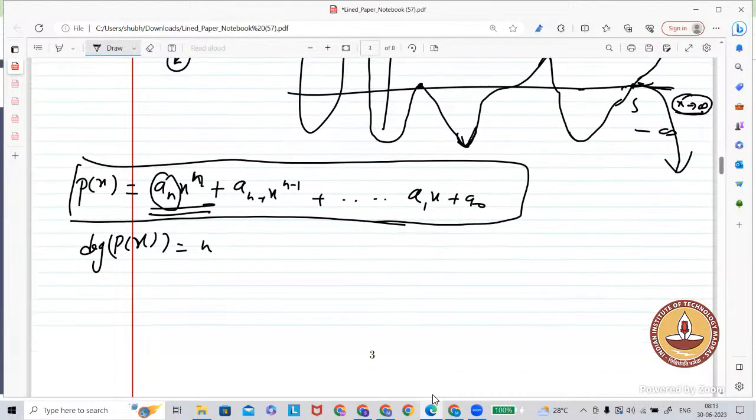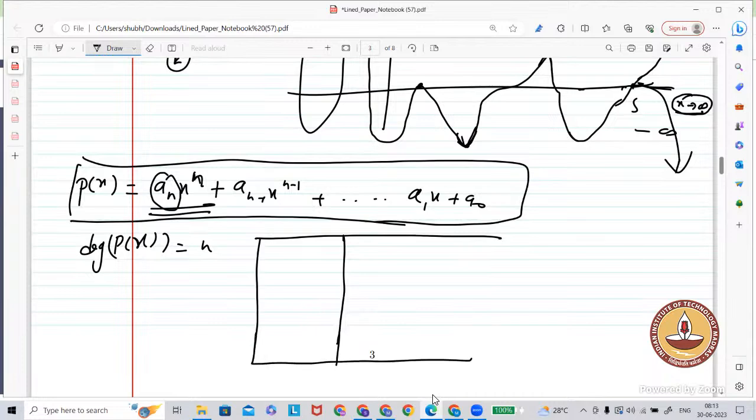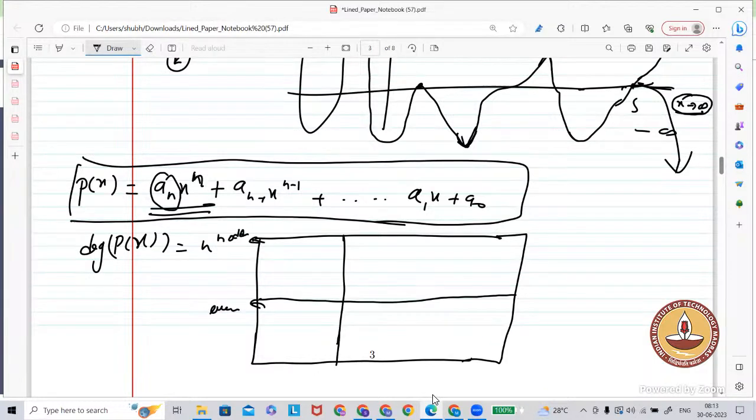So it has some property. For that we can make a table, based on this, of how the end behavior will look. Suppose this table is for the case a is greater than 0 and this is for a less than 0. Or differently, let's say this portion is for n odd and this is for n even.